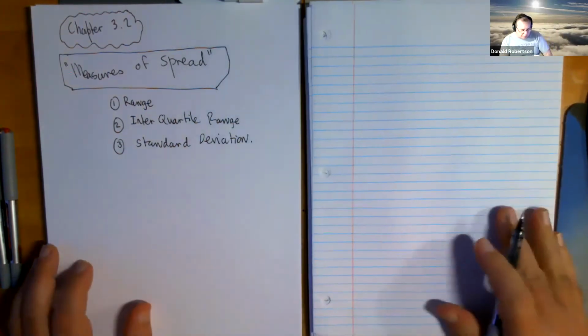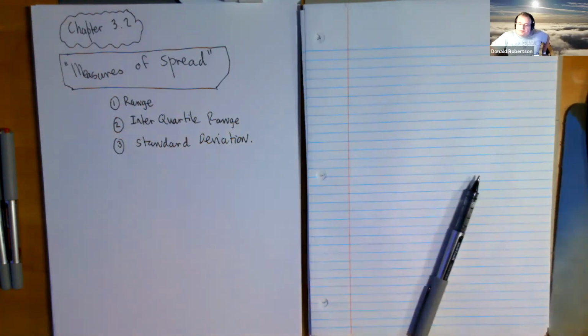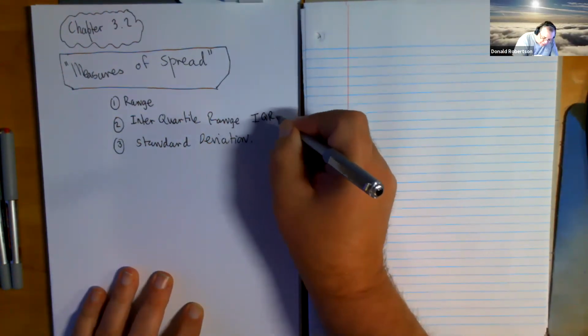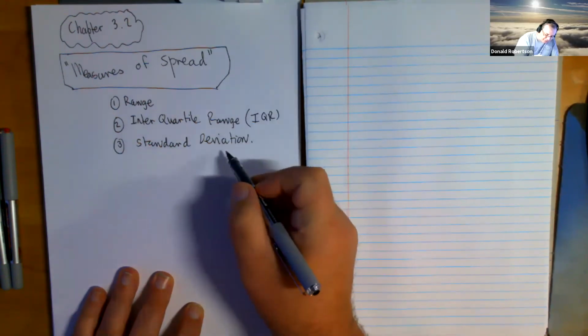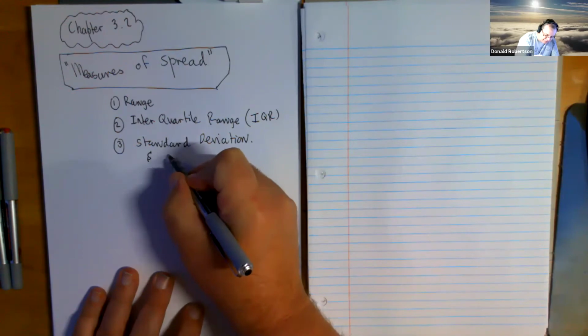So what we're going to cover today in this section, and then we'll get started on the next one after that, is the idea that there is more than one way you can measure how spread out the numbers are. And we're going to show you how to take a data set in each of these three situations and calculate the range, what's called the interquartile range, which almost always is called IQR for short, and the standard deviation, which is called S if it's from a sample.